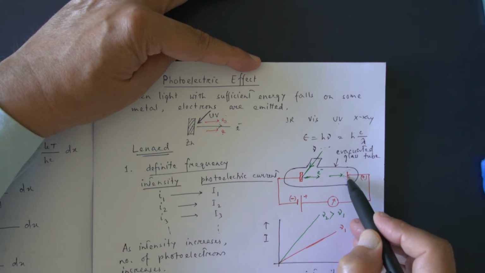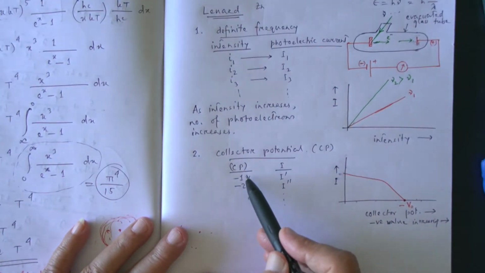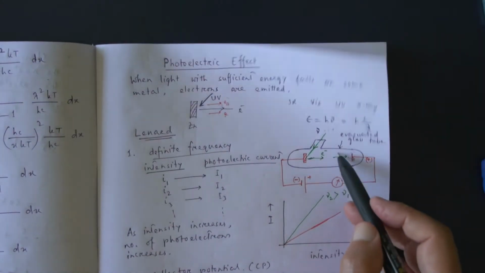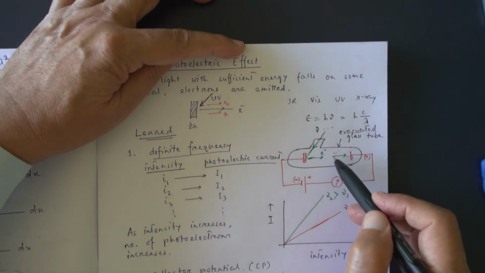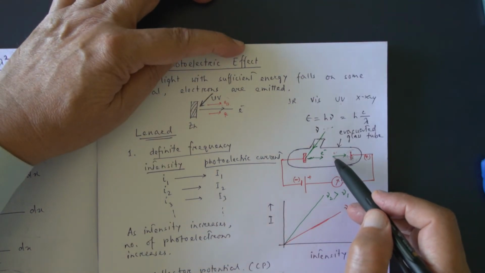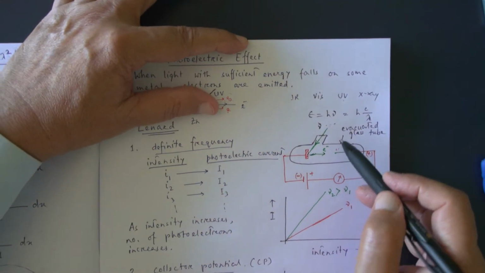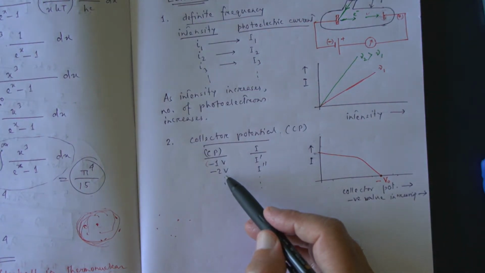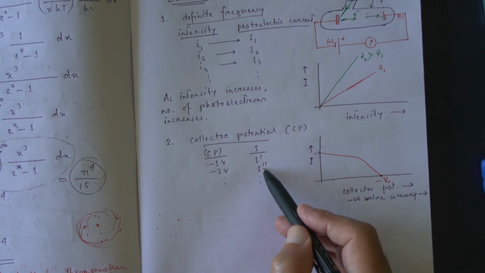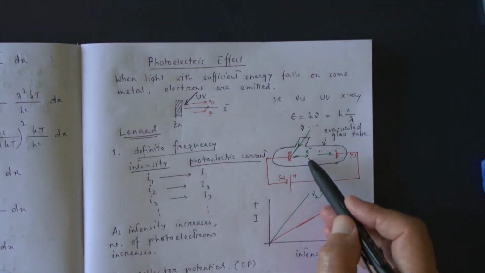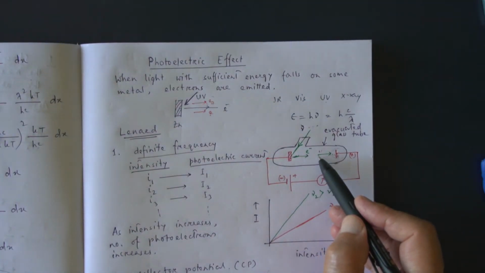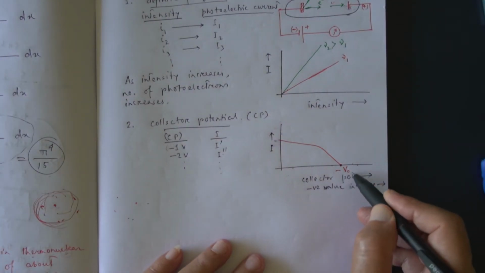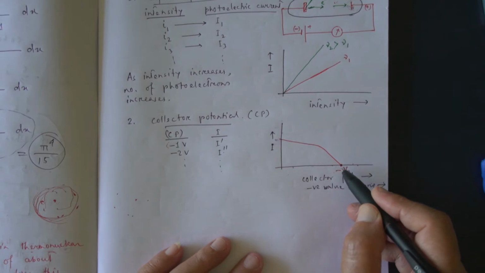Initially, when the negative potential is small, which electrons will stop? Electrons having the least kinetic energy. Then as the negative potential is increased, which electrons will stop? Those with more kinetic energy. And finally, at minus V naught, which electrons will be stopped?